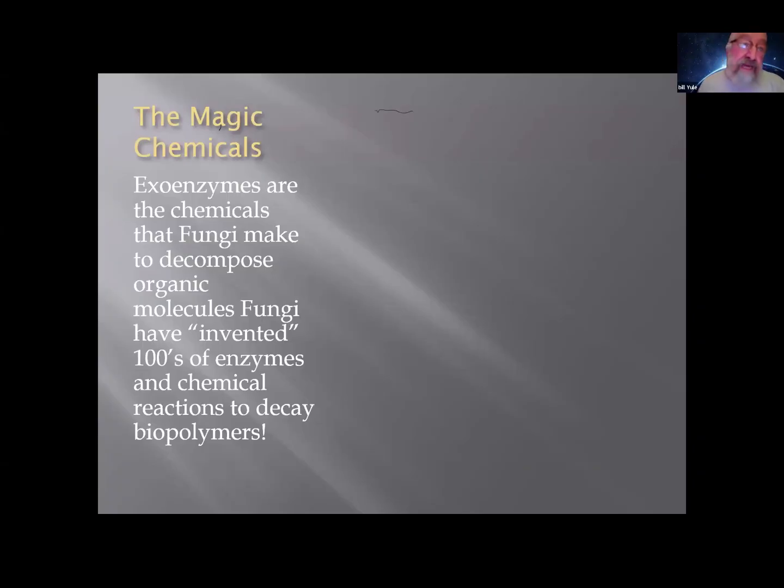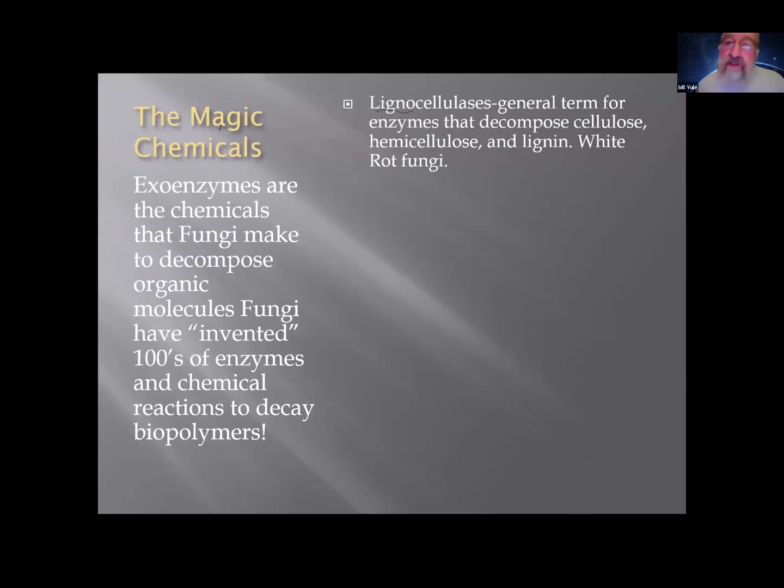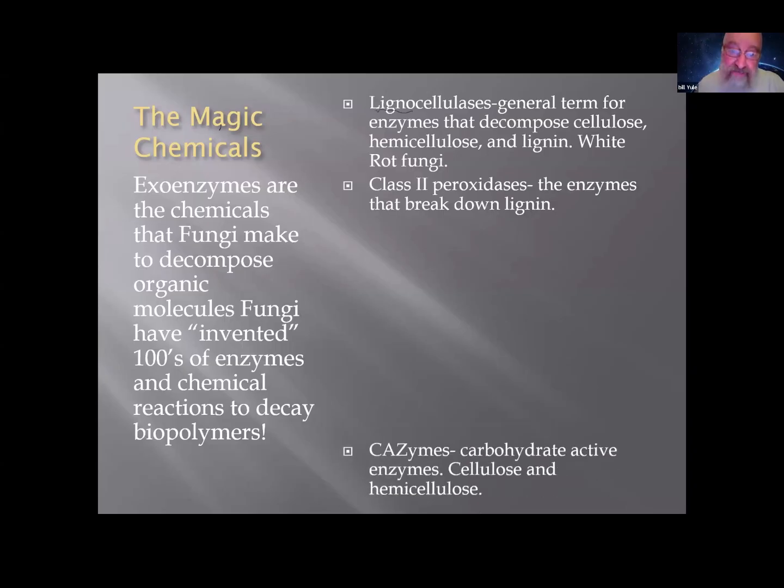I want to talk a little bit about the magic chemicals. I don't want to get hung up on the names of these. I'm going to show you the complicated chemical names one time, but we're just going to call them magic chemicals. Lignocellulases is a term for all those enzymes that can decompose wood, and it's mostly the chemicals of white rot fungus. Class 2 peroxidases are a class of chemicals in the lignocellulases, and they specialize in breaking down lignin in white rot fungi.